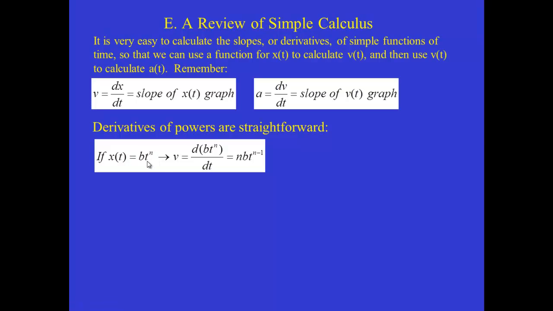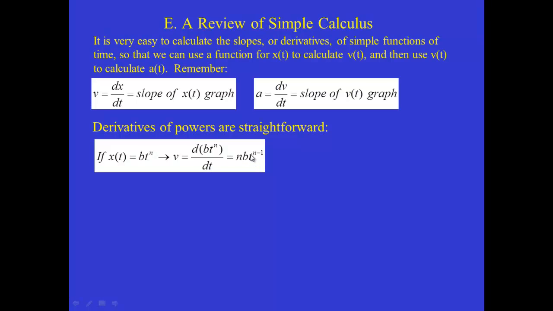And if b and n are constants, then the velocity, which is written d(bt^n)/dt, all right, that's how we pronounce this, is equal to something that looks like this.